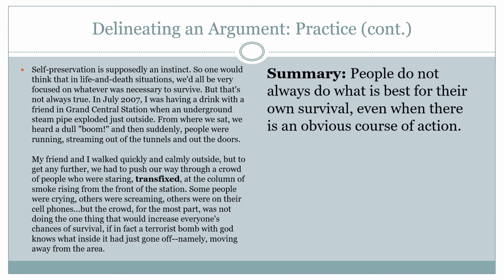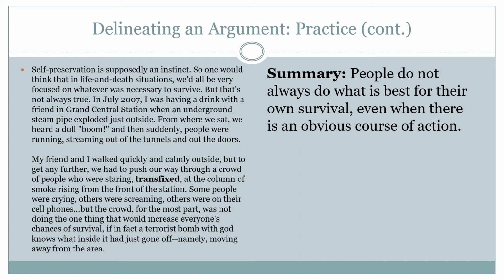and we'll continue. So the summary from all of this, and again, we are not summarizing the story that he told. We are looking at the story that he told and saying, what concept is the author trying to get across to us by telling us this story? So our summary is that people do not always do what's best for their own survival, even when there's an obvious course of action, right?